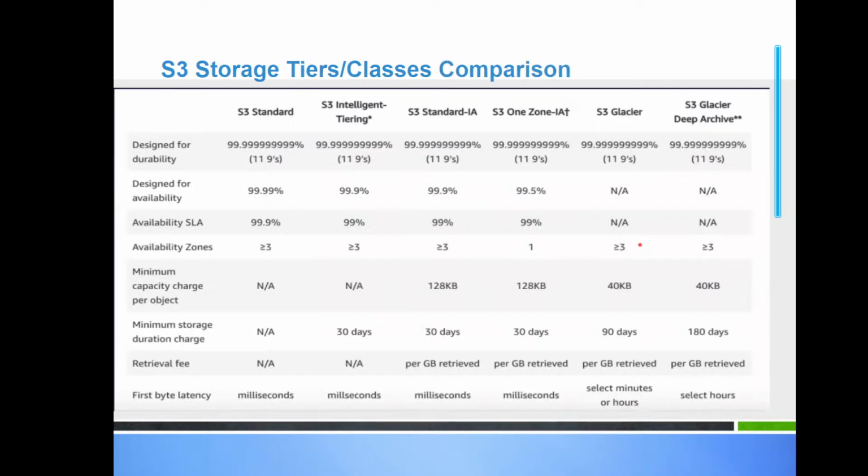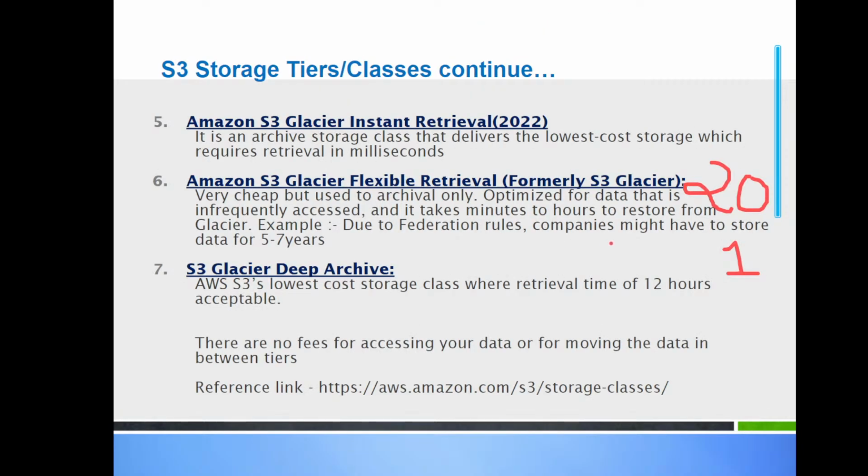But in Glacier there is a waiting time, 2 से 3 घंटे लगते हैं। And why? Because Amazon stores your data in a very compressed manner. जब वो ये जो ग्लेशियर में स्टोर करता है वो बहुत ज्यादा कंप्रेशन और एल्गोरिदम लगा के आपका डेटा ऑप्टिमली कंप्रेस करके स्टोर करता है। So it takes time to decompress the data and make it available to you.